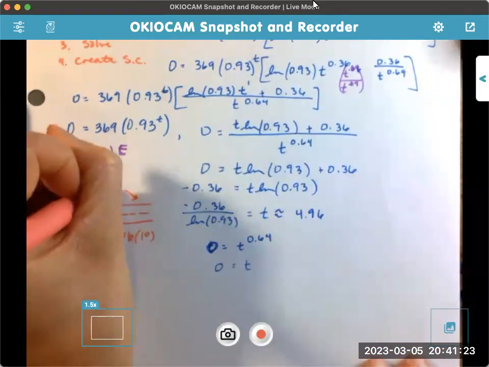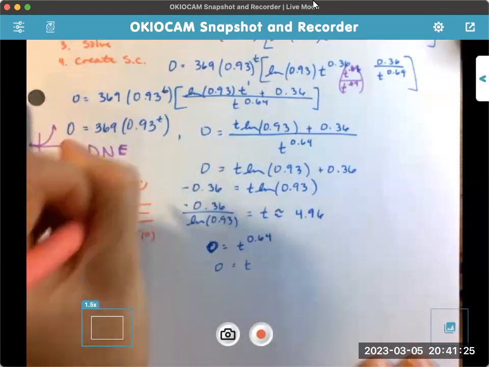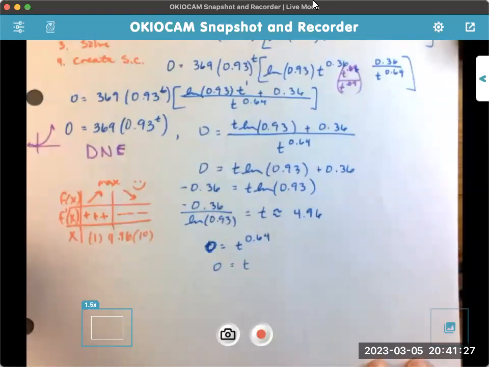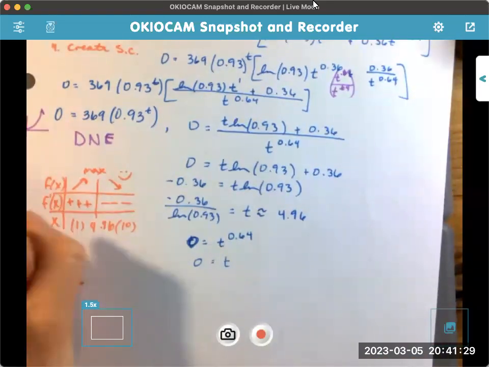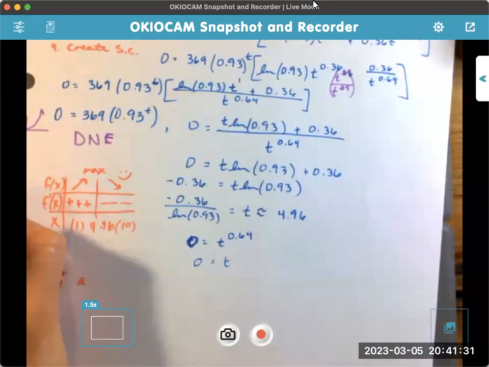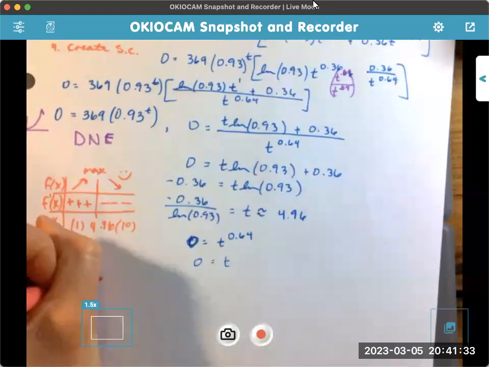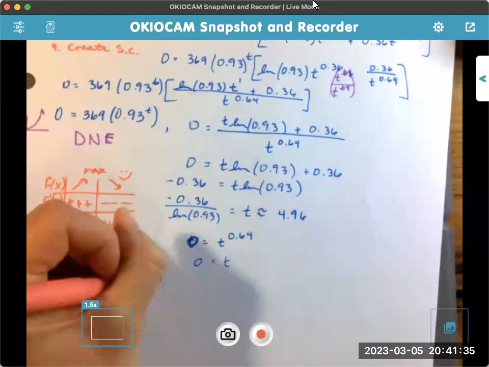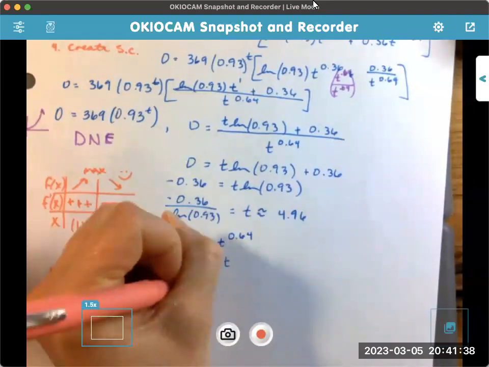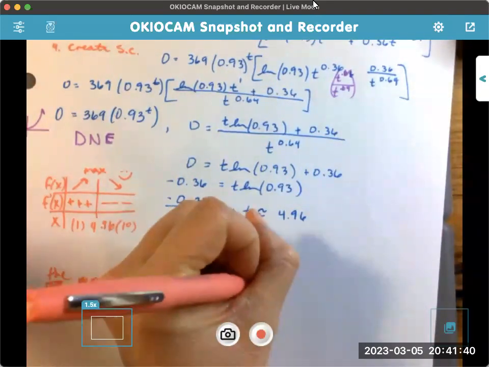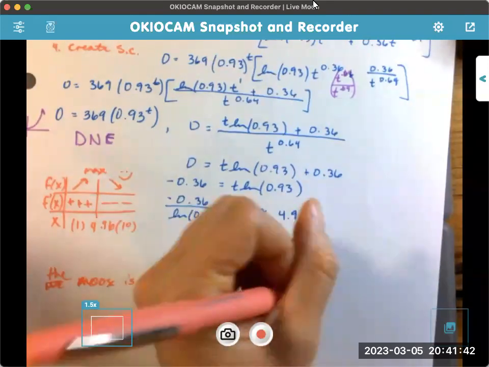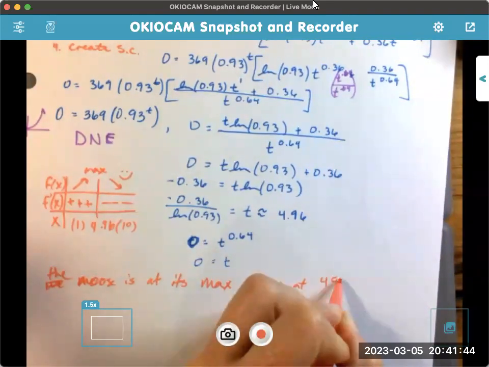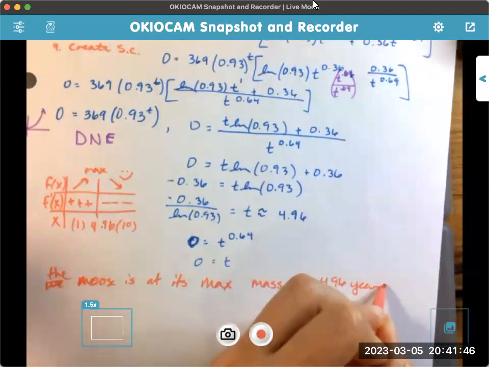So we are increasing. So yes, it truly is the max. Okay, so the moose, not me, the moose, is at its max at 4.96 years old.